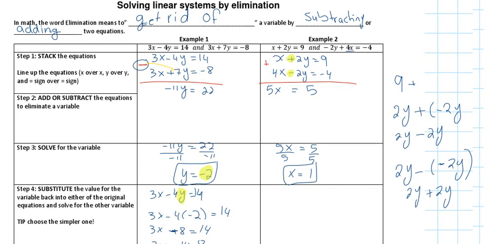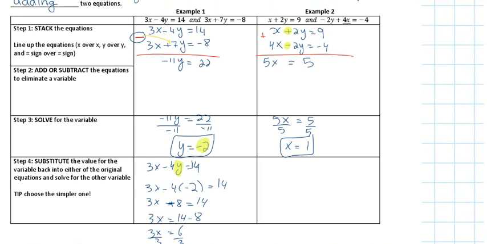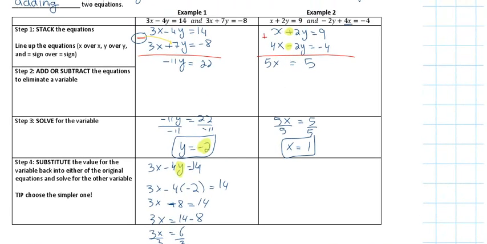Okay, now I figured out that x equals 1. What else do I have to look for? Y. And how can I find y? Substitute x into one of these equations. Which one would you pick? I pick the first one too, because in this case, I think it's easier.